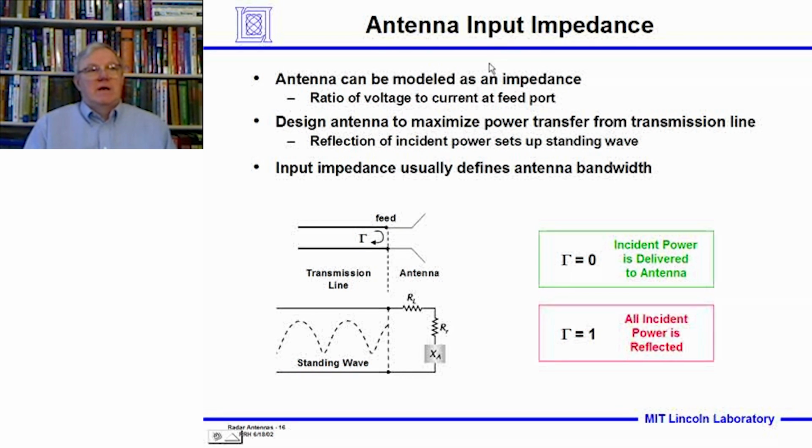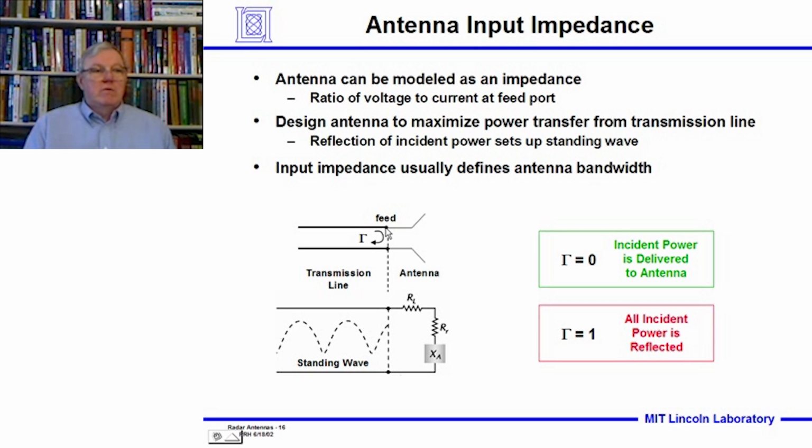Now, with the antenna, you know the goal is to get out all of that energy and to make the transition between the waveguide and the free space as lossless as possible.